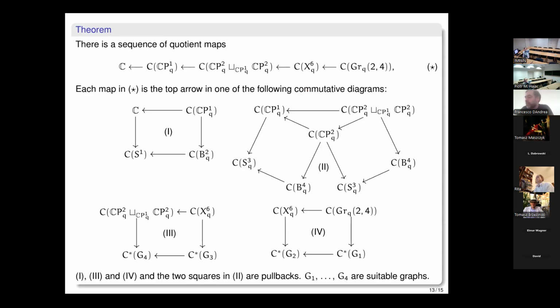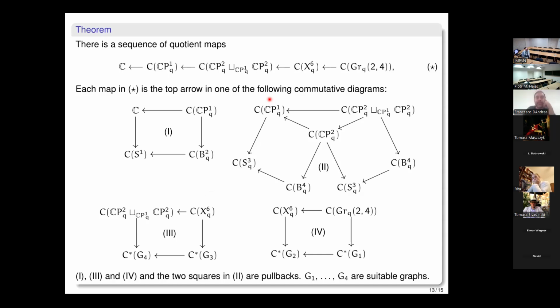If you look at our preprint with Sophie, in fact, you can also give a different interpretation. Instead of attaching one ball after the other, you can present this as a multi-pullback, where you glue the two balls at the same time to CP1. So if you like this picture more, it is equivalent. Okay, so this is the second step.